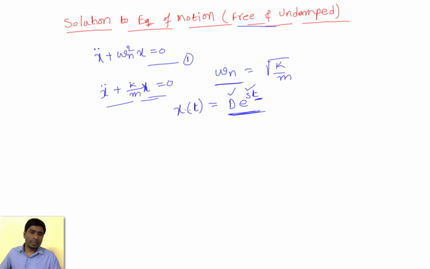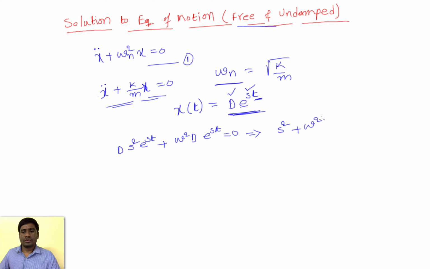If I substitute this into equation 1, it becomes, and this again can be written as s square plus omega n square into D into e power st equal to 0.